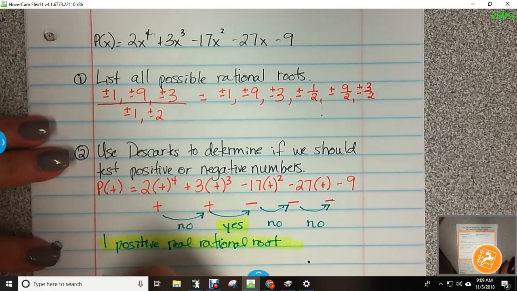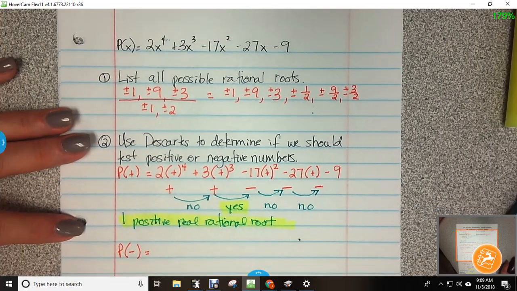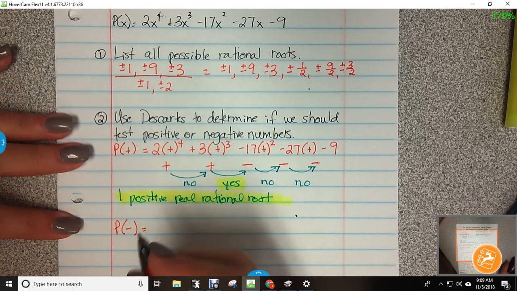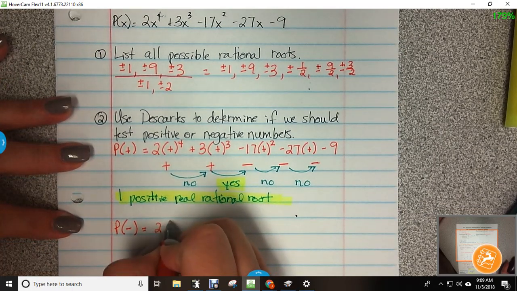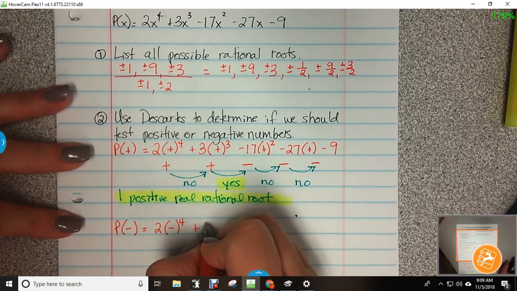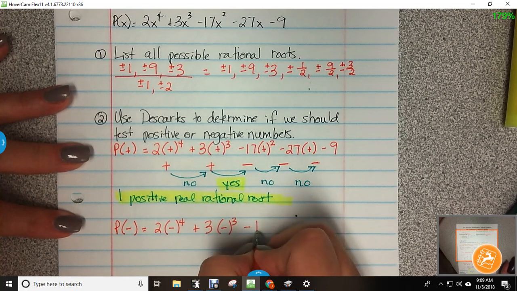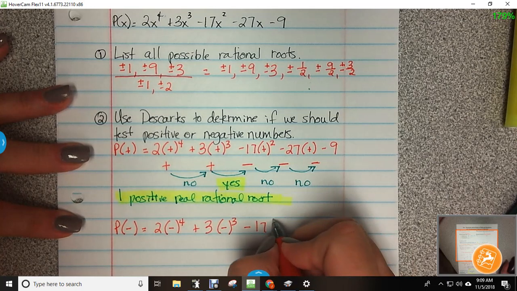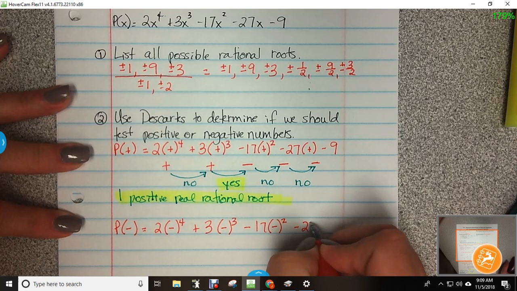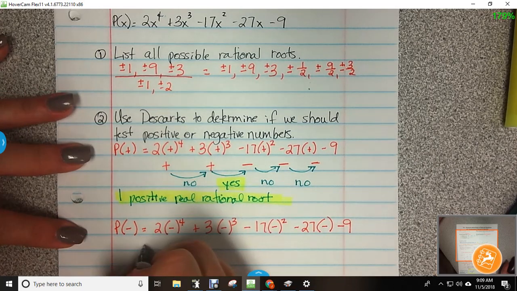Now I've got to test P of a negative number. So that is going to give me 2 times a negative number to the 4th power plus 3 times a negative number cubed minus 17 times a negative number squared minus 27 times a negative number minus 9.